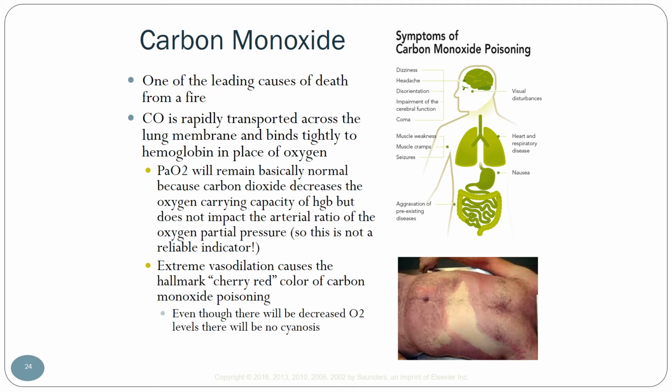The thing about it is carbon monoxide binds very tightly to hemoglobin in place of oxygen. In fact, there's an affinity to it. So the PaO2, or the partial pressure of the oxygen, will remain basically normal because carbon monoxide decreases the oxygen carrying capacity of the hemoglobin, but it doesn't impact the arterial partial pressure of oxygen.